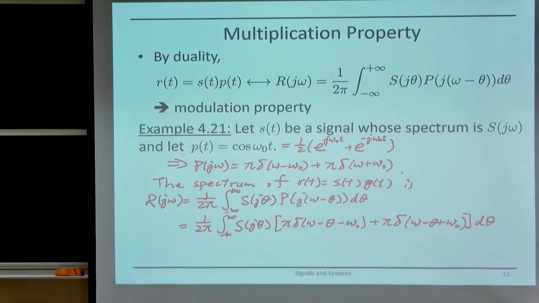I'm just replacing this p with this formula here. Since p is at omega minus theta, I have to plug in omega minus theta into omega here, which gives me this.